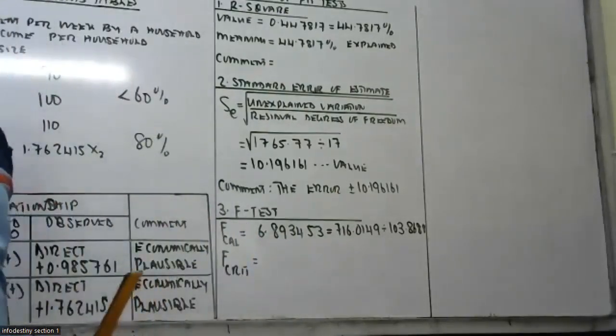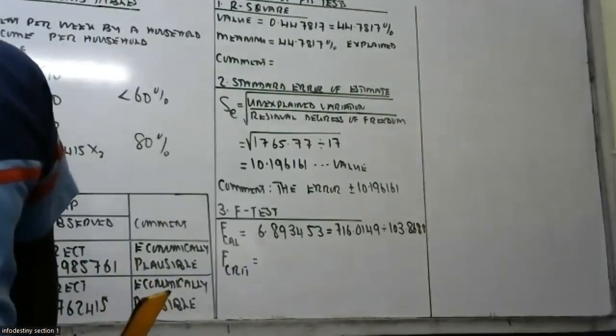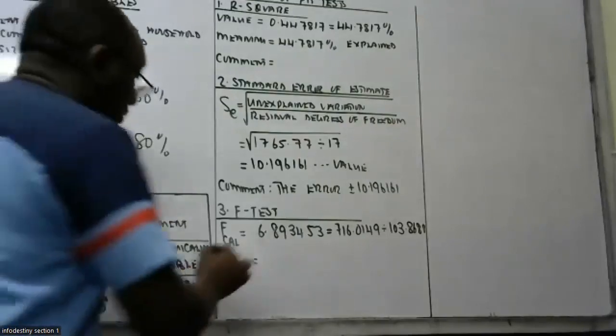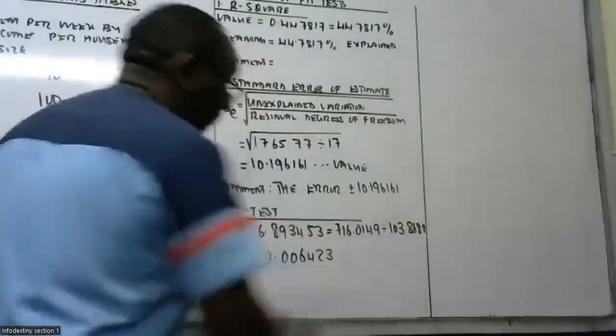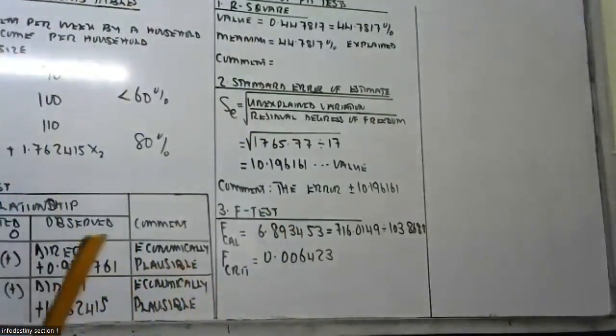The second value you require is F critical. F critical is the value that is given there, 0.006423. Can you see it? Yes.